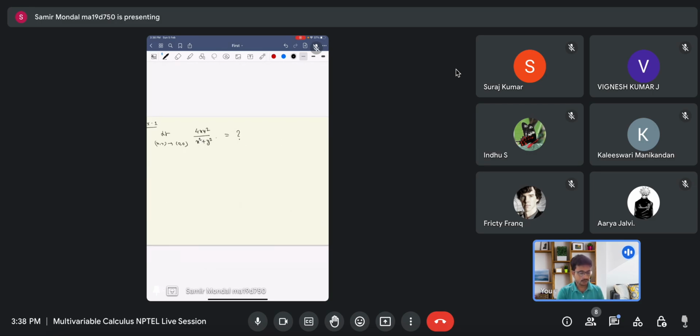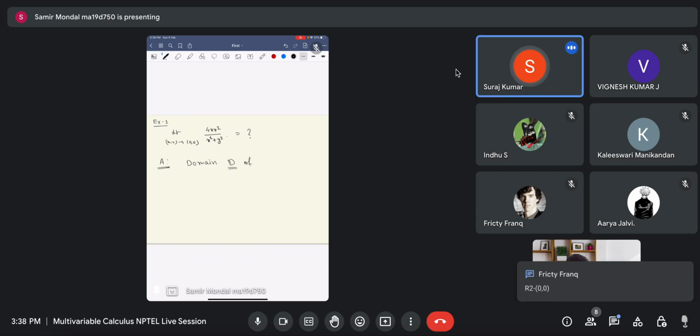So my question right now is, what is the limit of these functions? Okay, at first please tell me what is the domain of this function. What is the domain D here of the function?